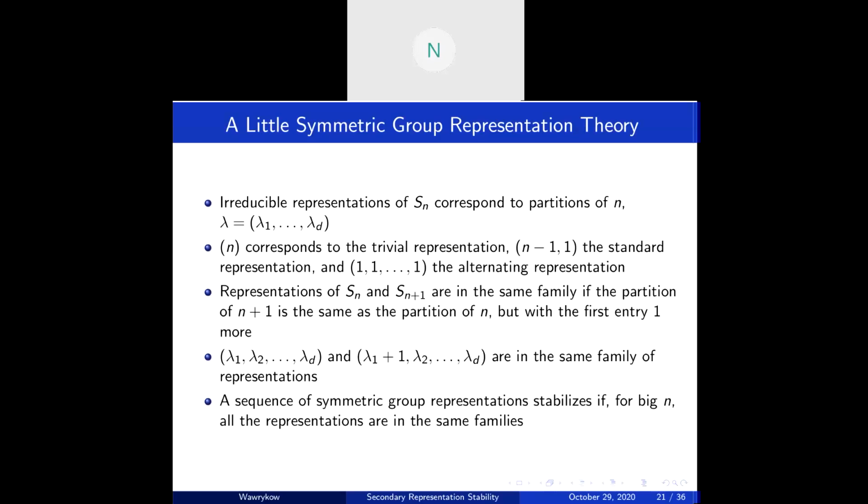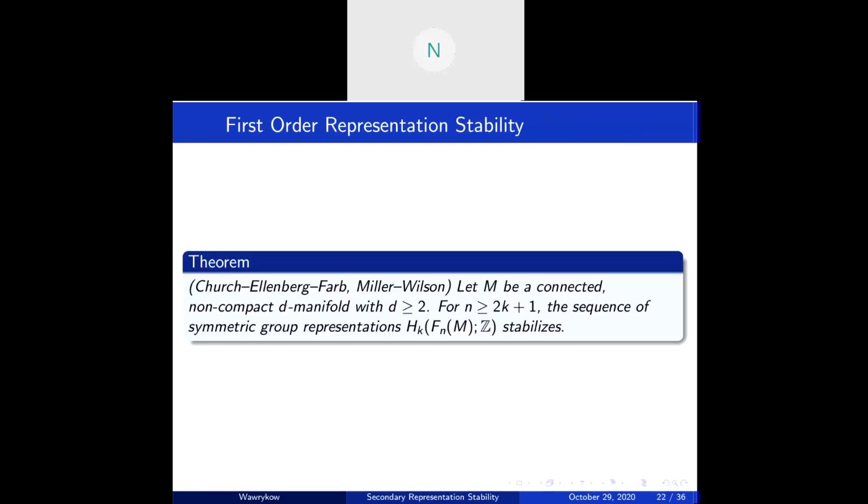Okay, so with this in mind, we now have a notion of stability, and we're now able to much better state what is first order representation stability. Again, this is due to Church, Ellenberg, Farb, Miller and Wilson.